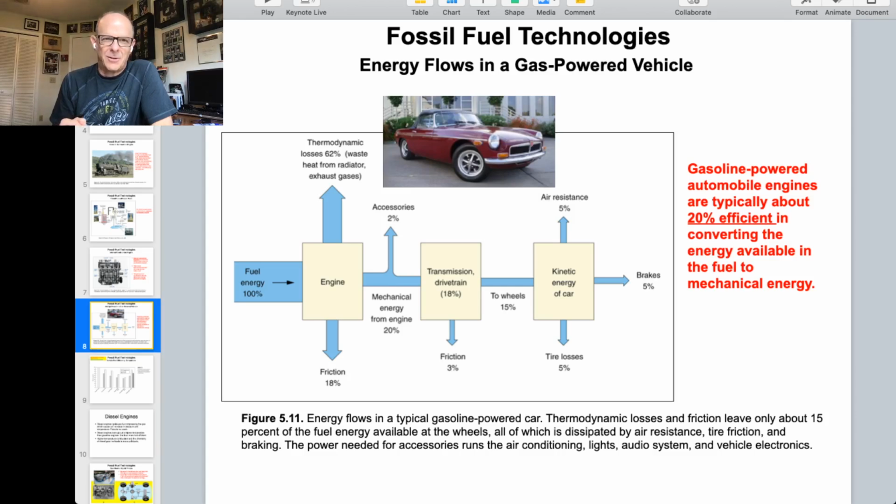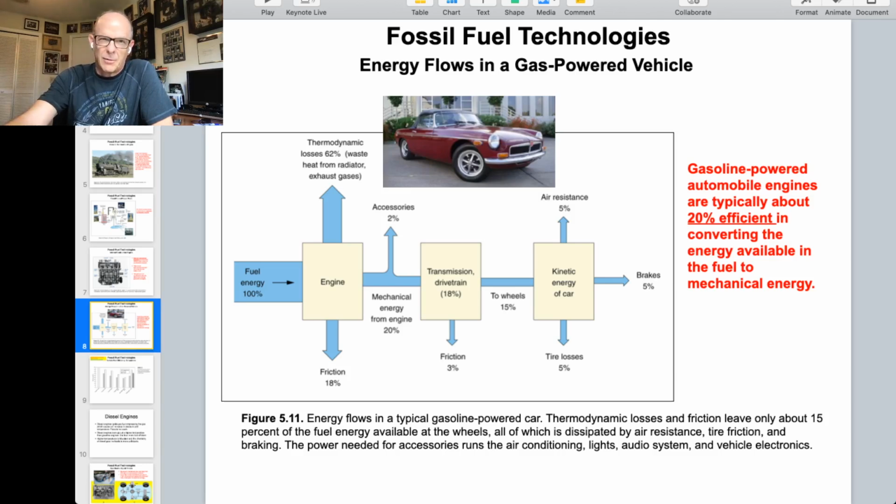So it's 1 minus the cold temperature over the hot temperature. In any event, it's less than 1. And the amount that it's less than 1 has to do with the difference in the temperature of the combusted products and the temperature outside. So for our gas-powered cars, 62%, almost 2/3 of the energy is wasted.